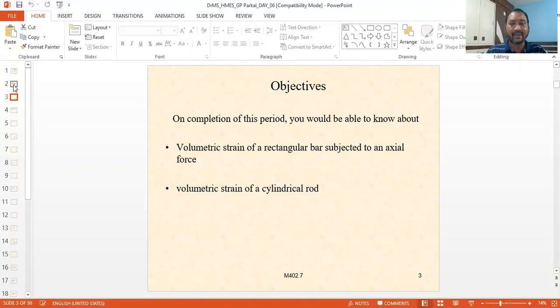So at the end of this class, we are going to have an idea about the volumetric strain of a rectangular bar when it is subjected to an axial force, and also the volumetric strain of a cylindrical rod having a given diameter.